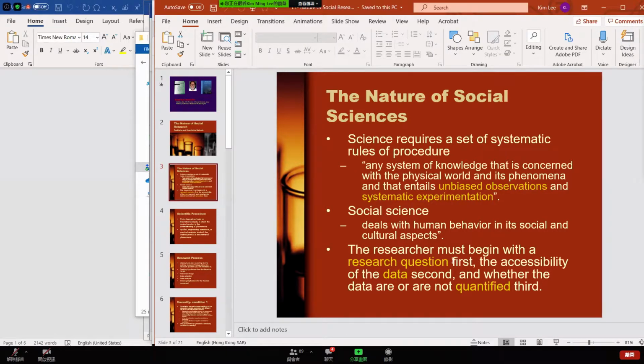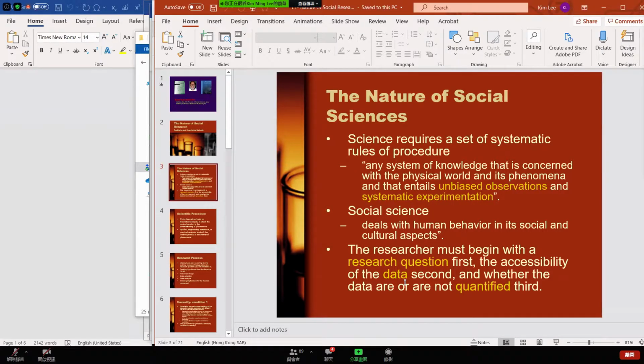And then you think about the data, the accessibility of the data set. That means what kind of data do we need to answer the research question we pose? For example, my question is, what kind of people will join protests and demonstrations? So you may think that I can interview people for that.